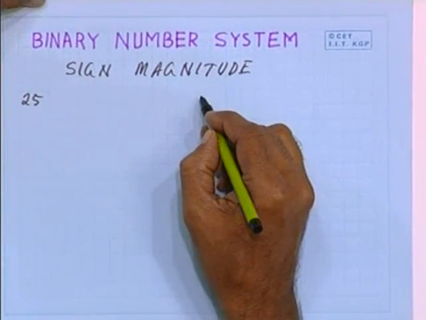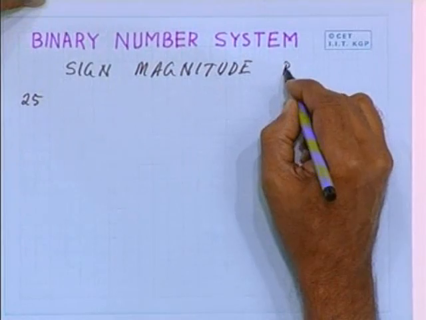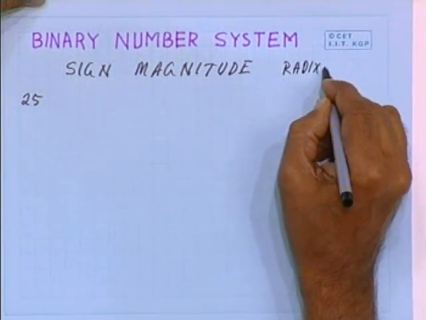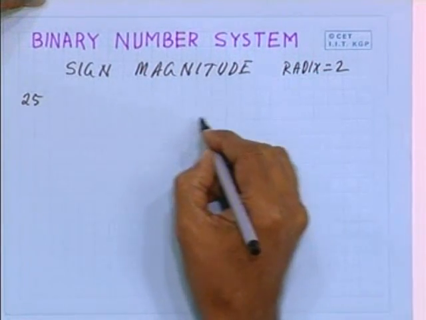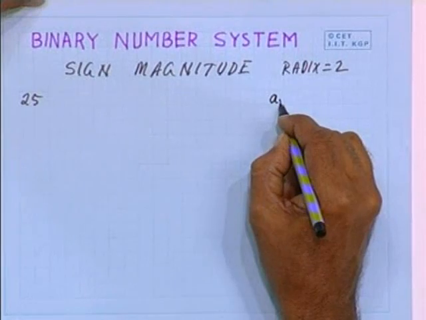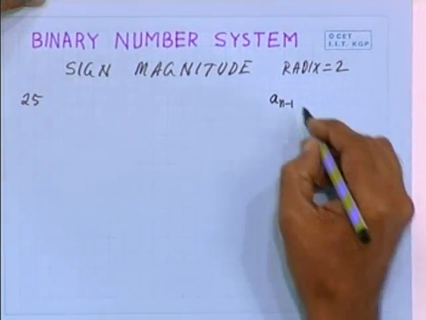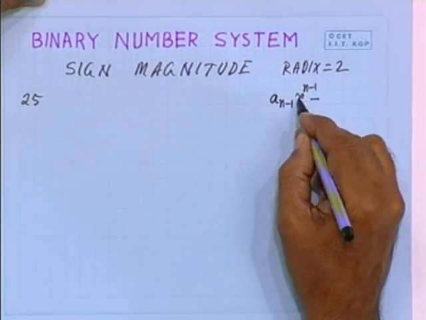Here the radix will be 2. So, for an n digit number, the value will be a(n-1) r to the power n-1 plus a(n-2) r to the power n-2, and so on, till a0, where r is equal to 2.